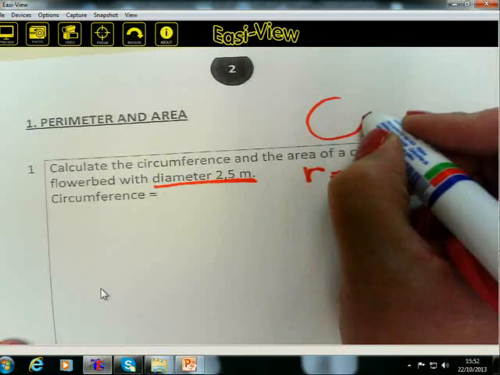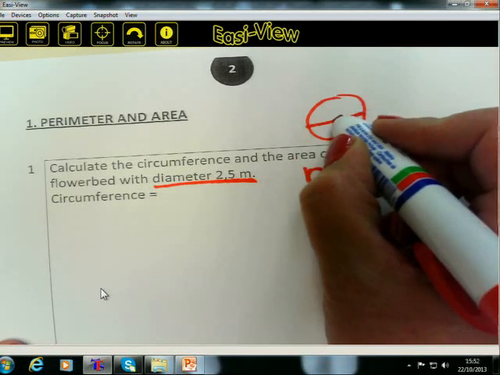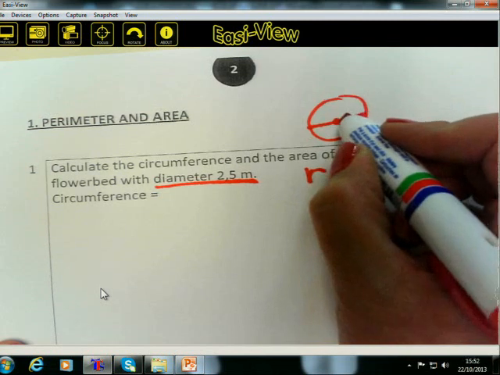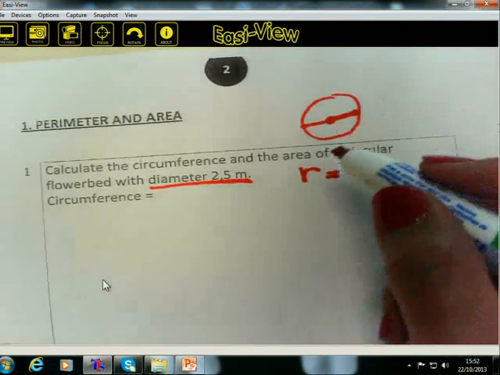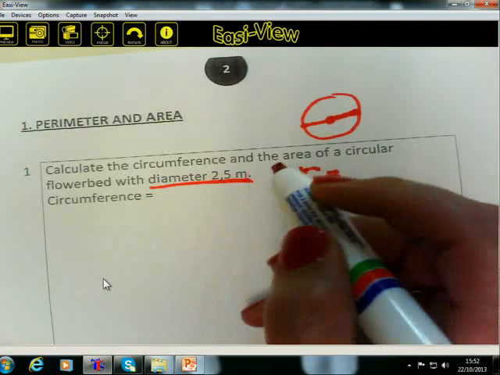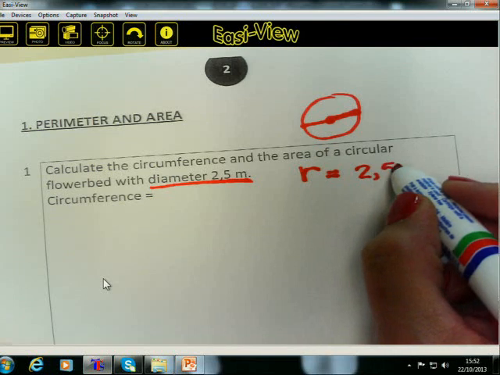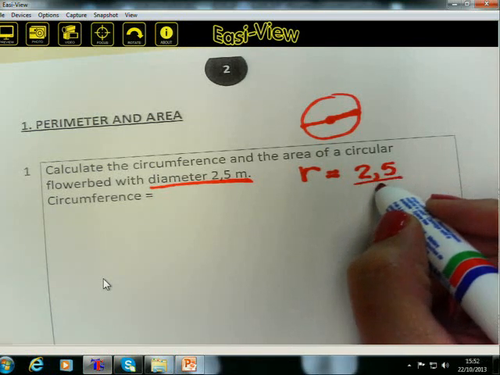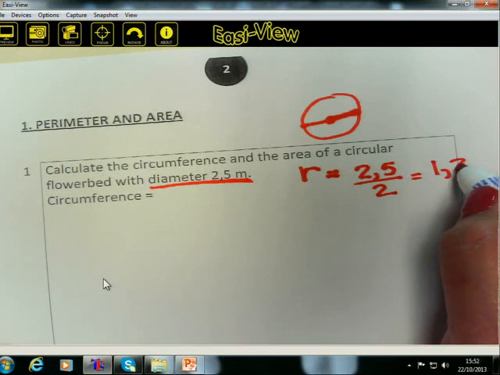If you look at the circle, the diameter goes from this side through to that side. So the radius will be half of that diameter. The diameter 2,5, so if I want the radius, it will be 2,5 divided by 2, and that will give me 1,25.